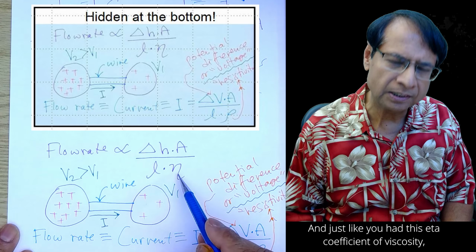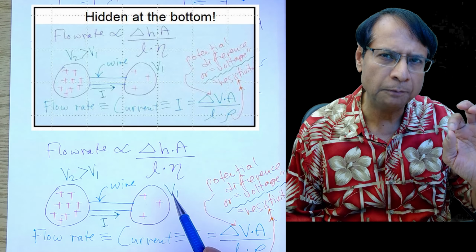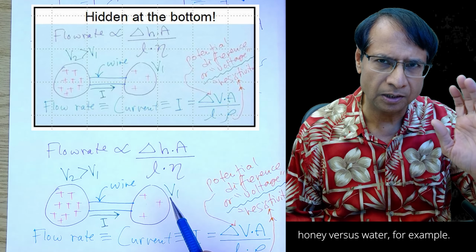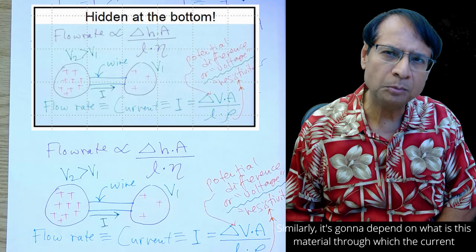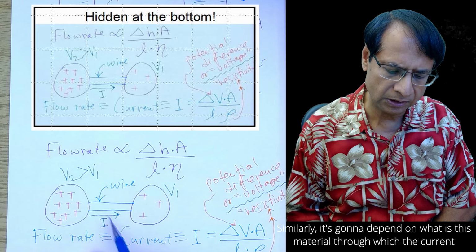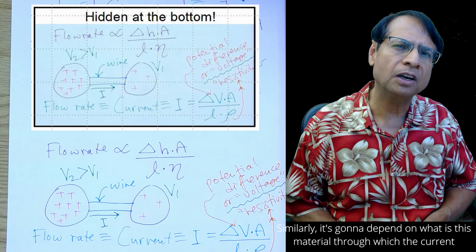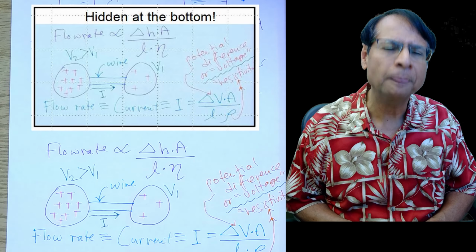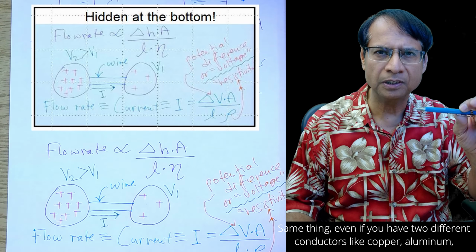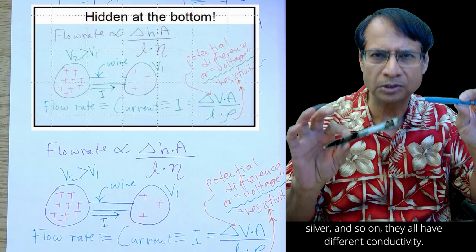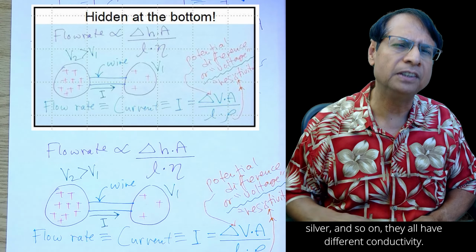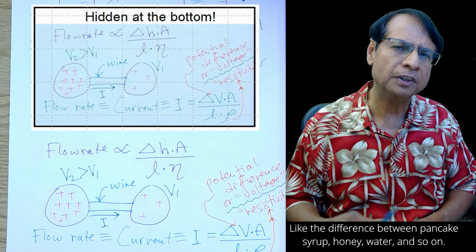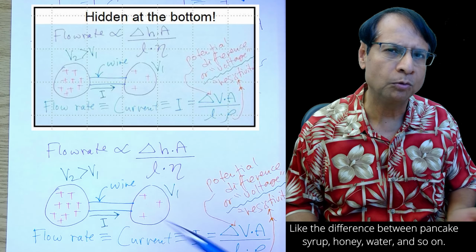And just like you had this eta, the coefficient of viscosity, honey versus water, for example, similarly, it's going to depend on what material the current is flowing through. We talked about insulators and conductors previously. Same thing, even if you have two different conductors like copper, aluminum, silver, and so on, they all have different conductivity, like the difference between pancake syrup, honey, water, and so on.